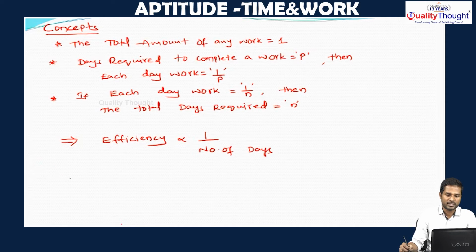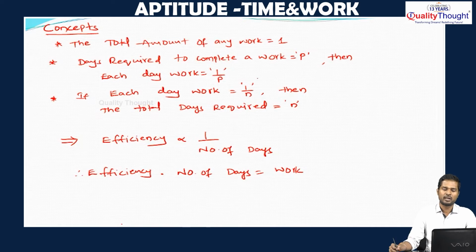So what can we write here? Efficiency into the number of days is nothing but the work, which is 1. That we already wrote: the total amount of any work is equal to 1.